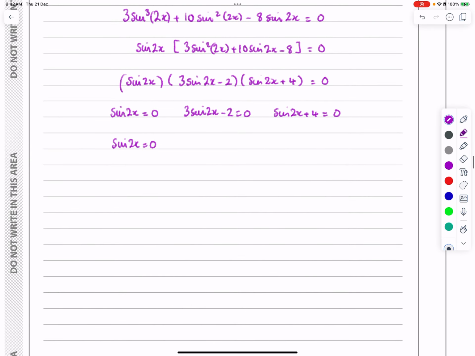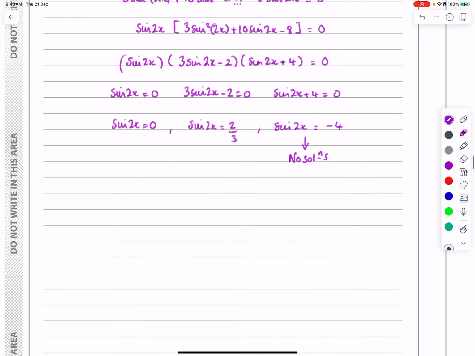I'll do that in a second for you. I'm going to get sine 2x equals 2/3. And I'm going to get sine 2x equals minus 4. That one there are no solutions. So I didn't expect to do the same bit of work here 3 times for these different things. That wouldn't make any sense for the examiner.